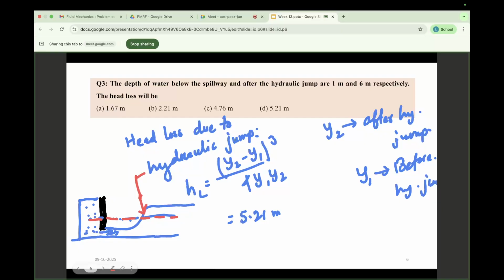In this region, where the depth is less than this line, that is your supercritical. This region is known as supercritical, and this one is your subcritical.